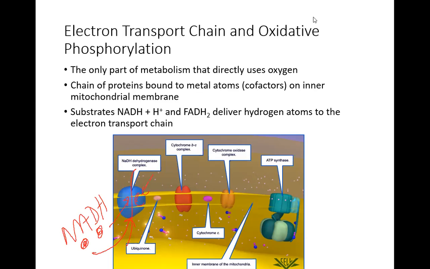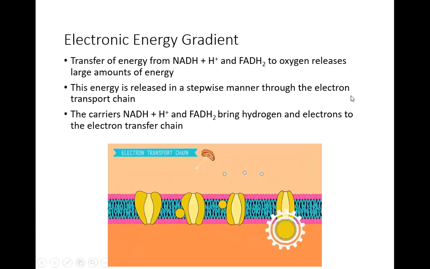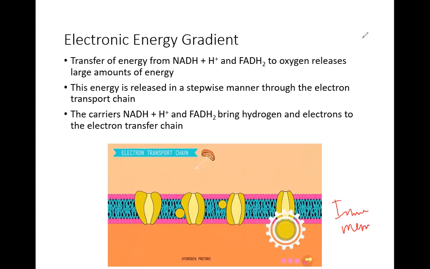Let me move on here and show you better. Okay. What we have here, okay, here's the inner membrane right there. Somewhere out here is the outer membrane of the mitochondria.